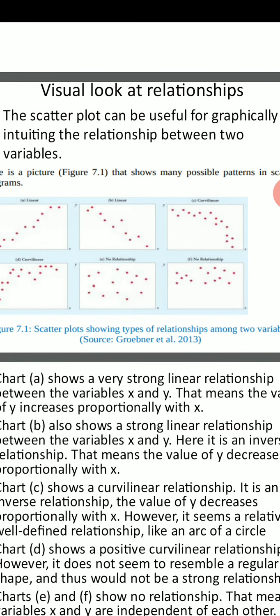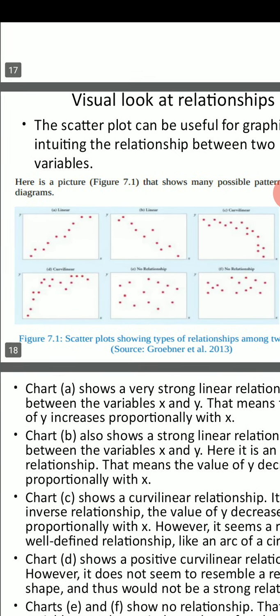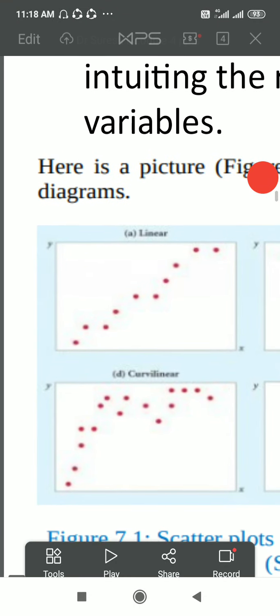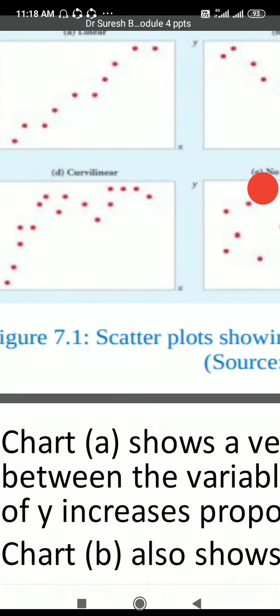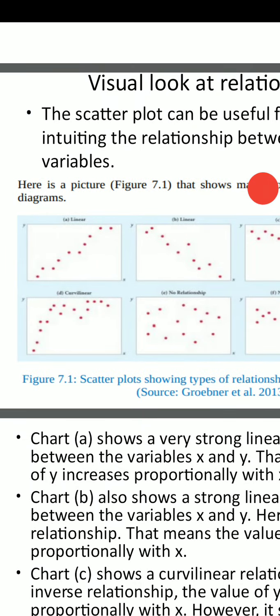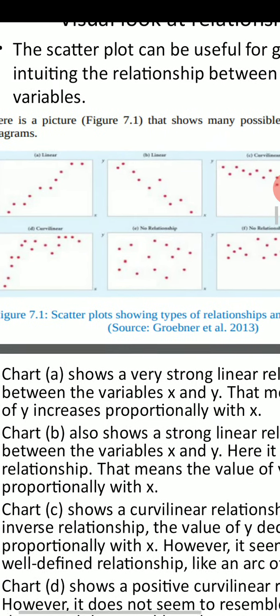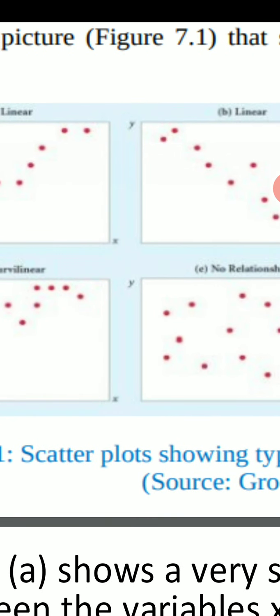Coming to the explanation of each chart, chart A shows a very strong linear relationship, that means the value of y increases proportionally with the value of x.